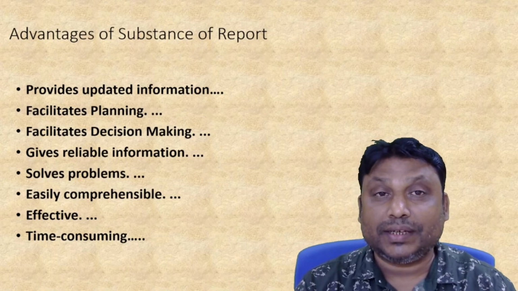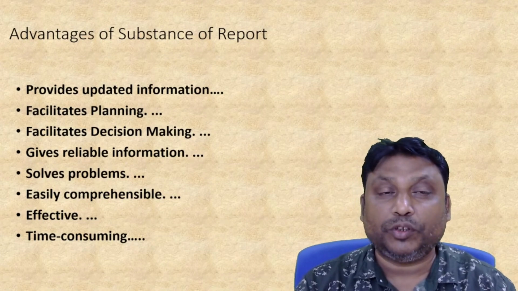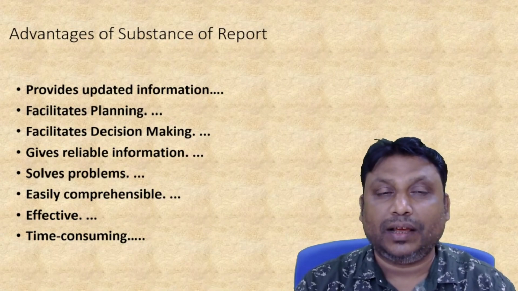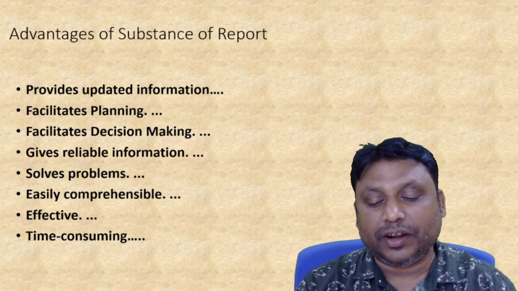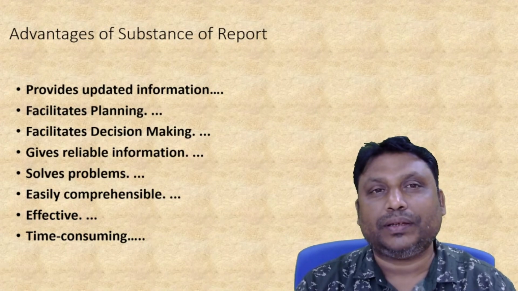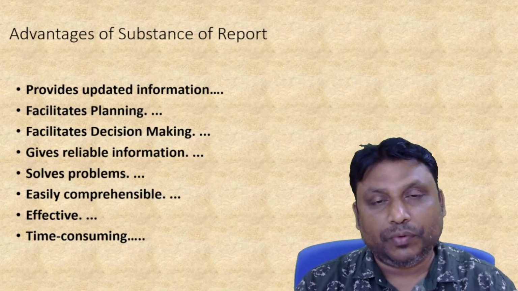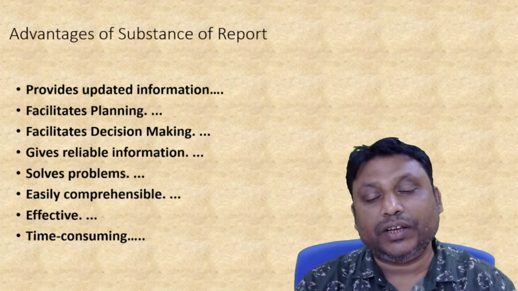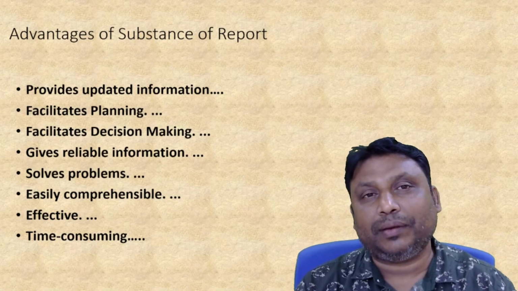And another one is time consuming. Time consuming means what happens? If you are going in the proper way, preparing your draft or research proposal, your time frame should be appropriate. You have to follow whether the time is proper and the work is completed in the proper timeline.